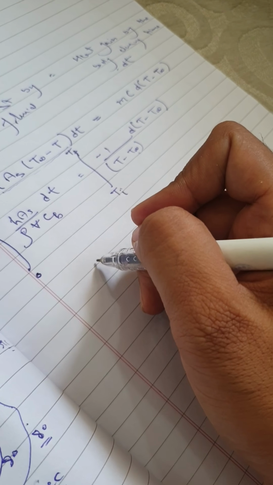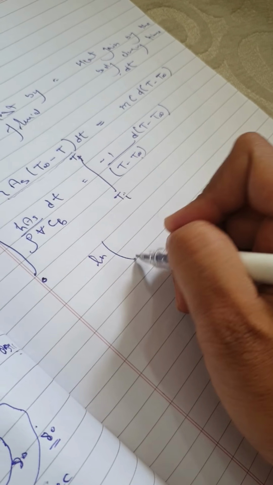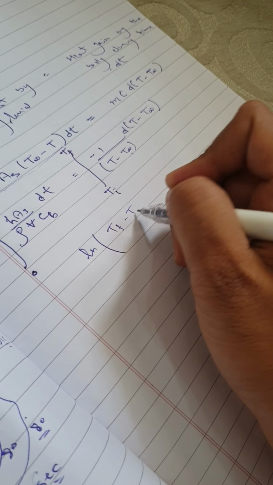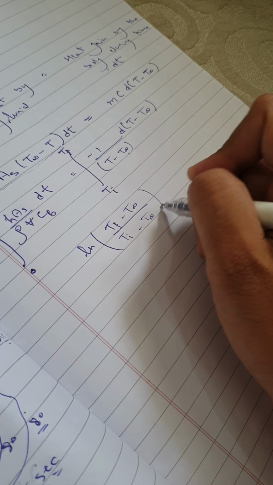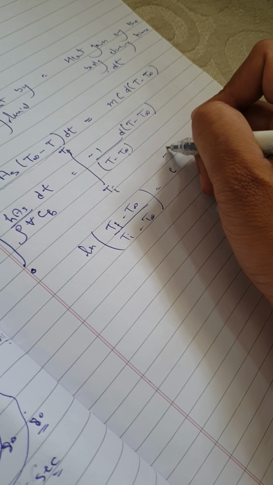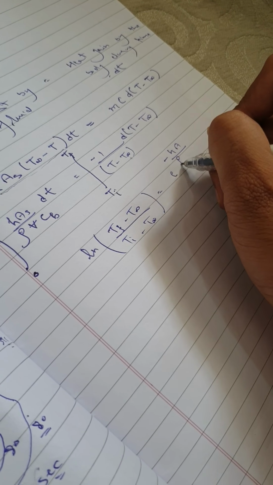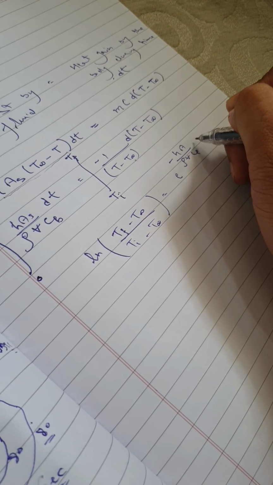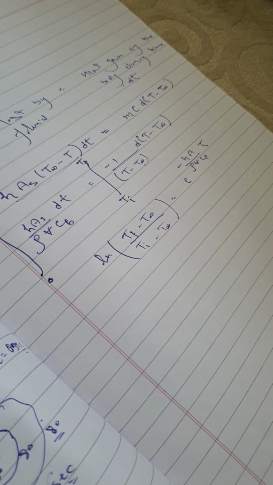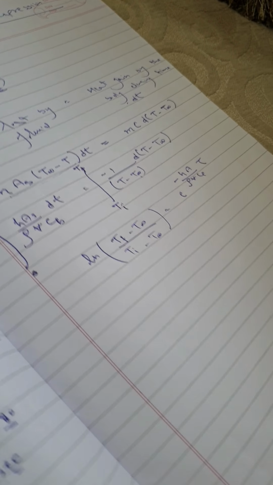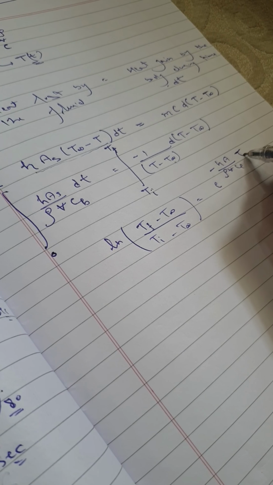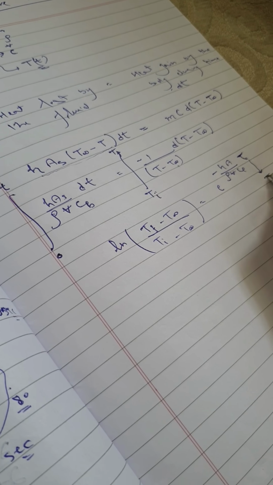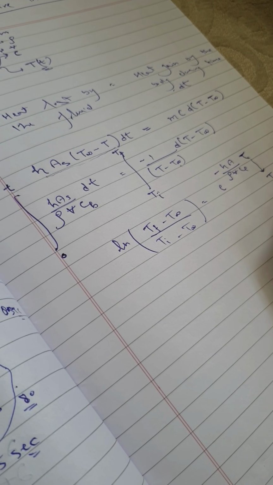If I write this expression, it will come as ln of T final minus T infinity upon Ti minus T infinity is equal to minus h As upon rho V Cp into tau, or e raised to the power of that. So this is called the time constant, not this one, this is the time.